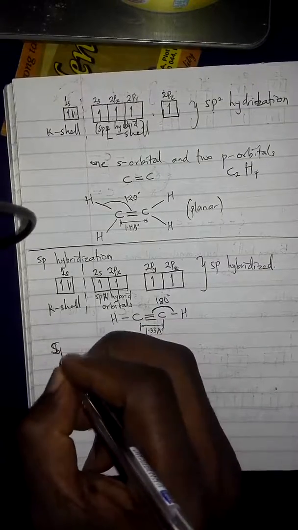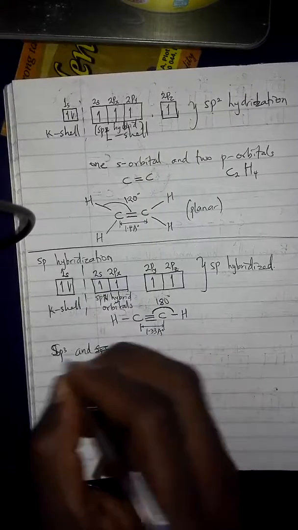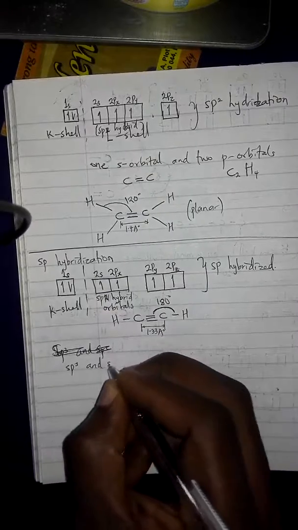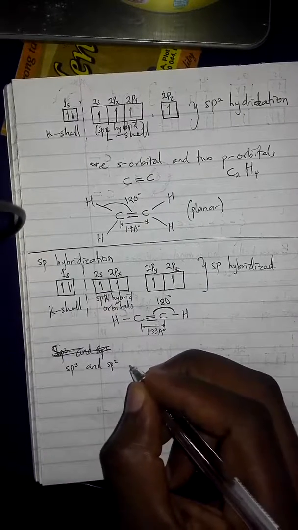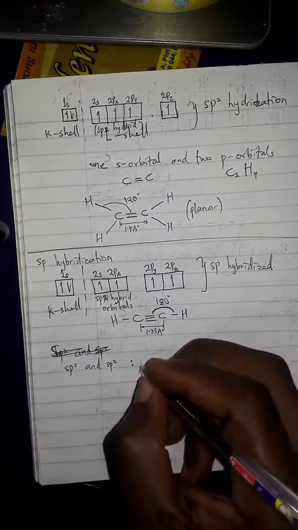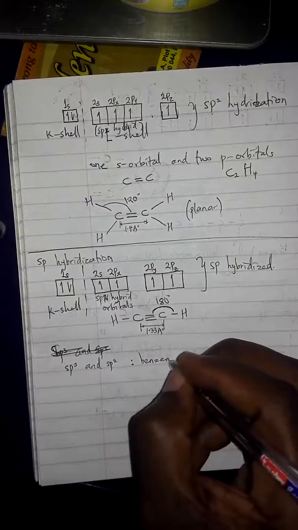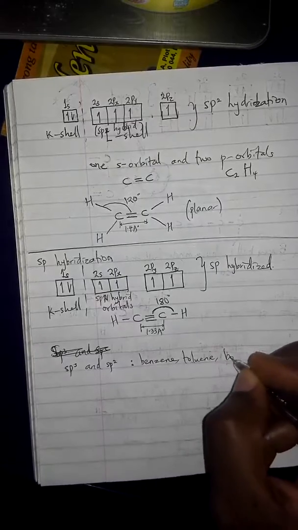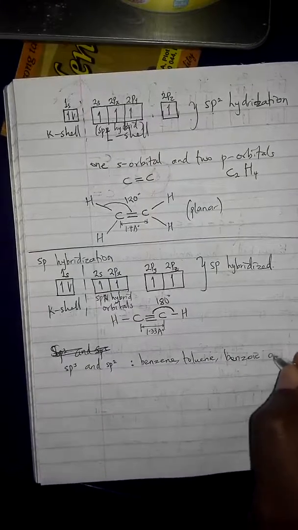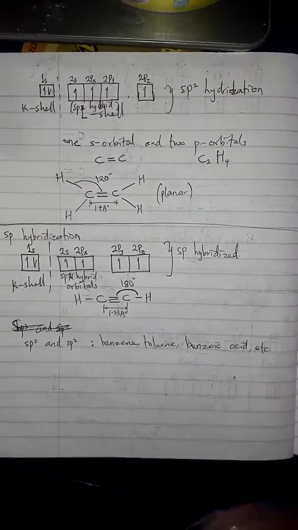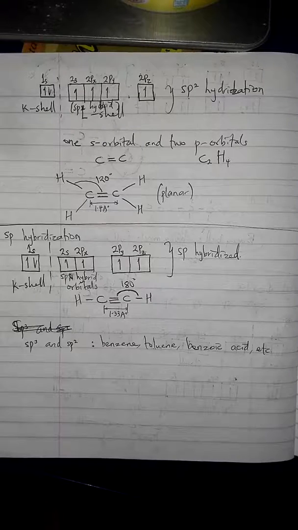These ones contain both sp3 and sp2 hybridized carbon atoms. They are found, both of them together, in aromatic compounds like benzene, toluene, benzoic acid, etc. Right, so that is that about that.